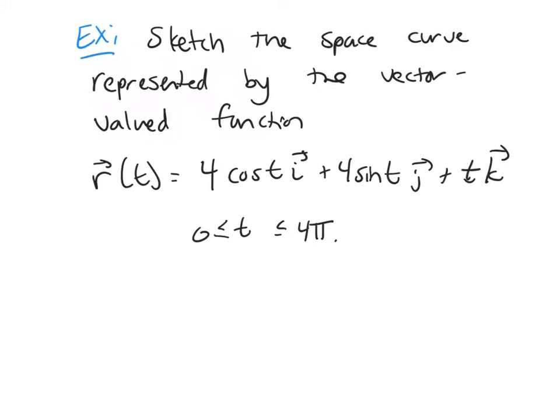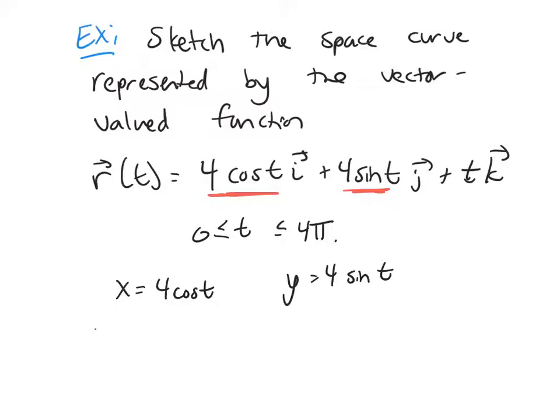So we're going to look at our parametric equations for this. If I separate out, the part in front of i would be x, so x would be 4 cosine t, and then y would be 4 sine t.